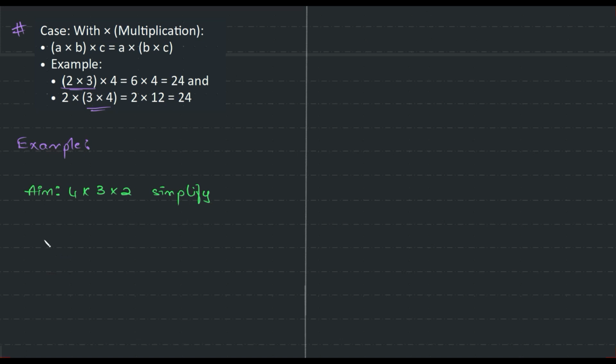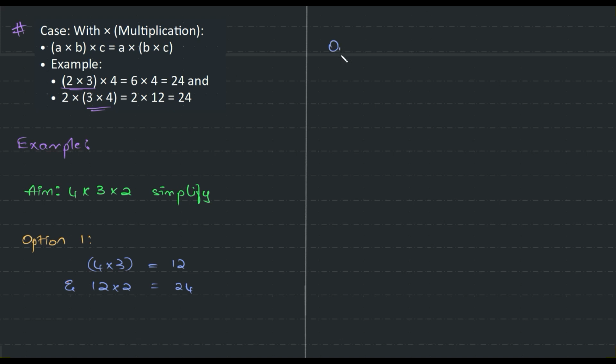So I can go with option 1. 4 into 3 first. That will give me 12. And then 12 into 2, which will give me 24.